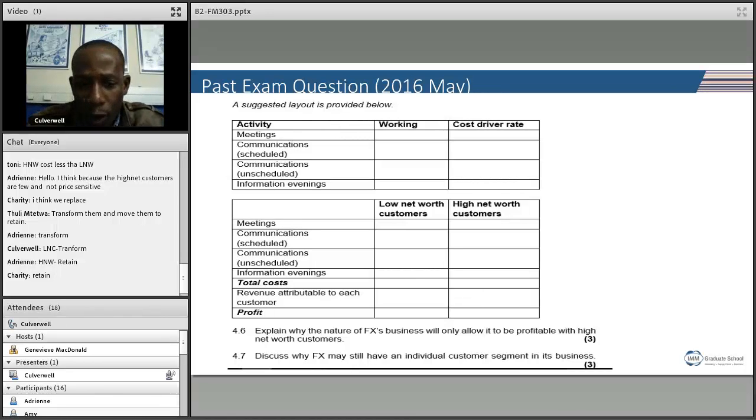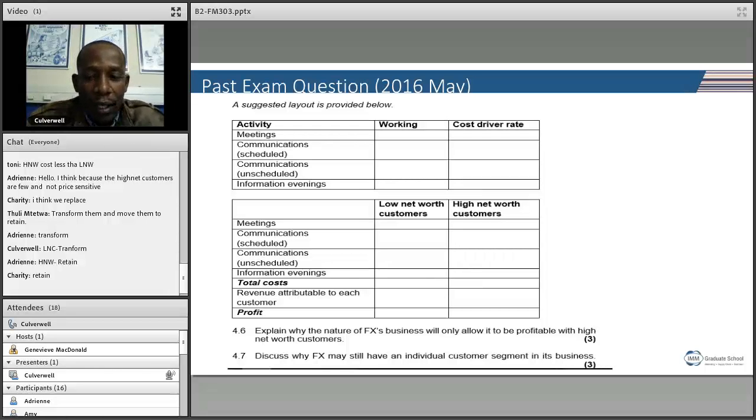And then maybe one point I'll make before we move on to the other unit 5. If you look at the type of business this company is conducting, it's giving advice to clients so as to invest in portfolios that are going to give them a better return, also assuming low risk. The range of low net worth customers is 1 million to 10 million, whereas high net worth customers are 11 million upwards.